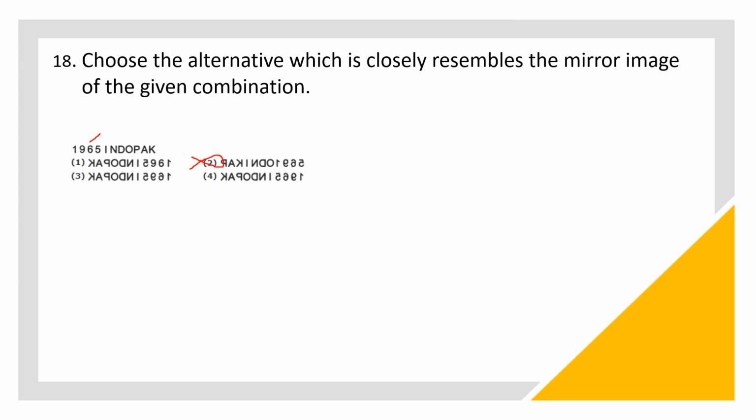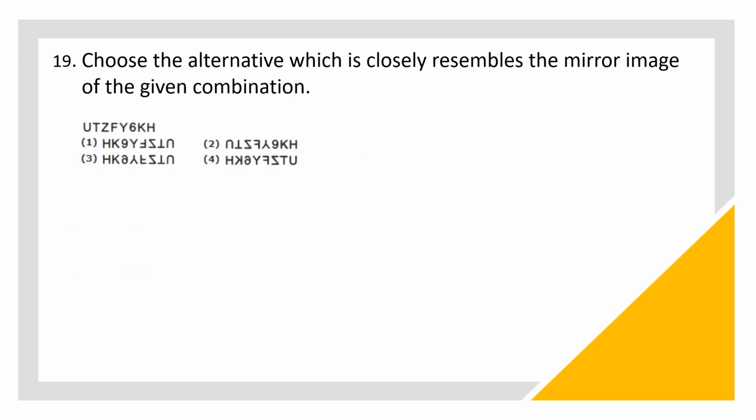So the mirror image of 6 is this. In the first option you will get 9, so this is wrong. In the third option you will get the wrong one. In the fourth option you will get 6, the correct mirror image. So option 4 is the correct answer.